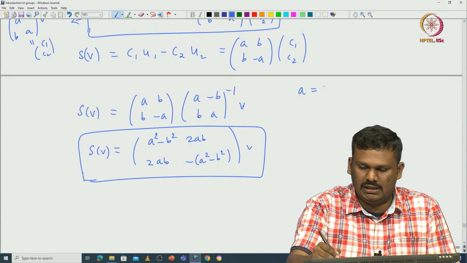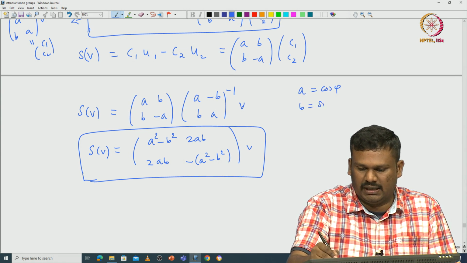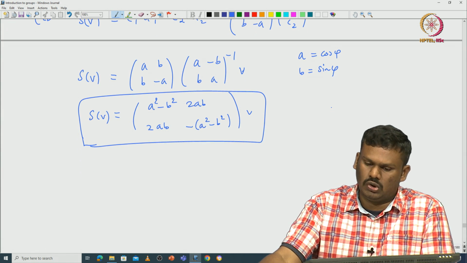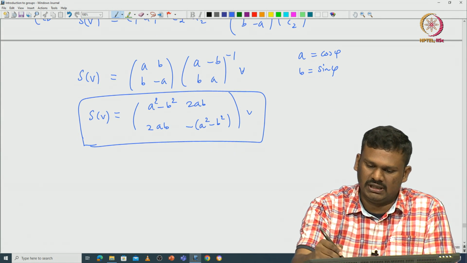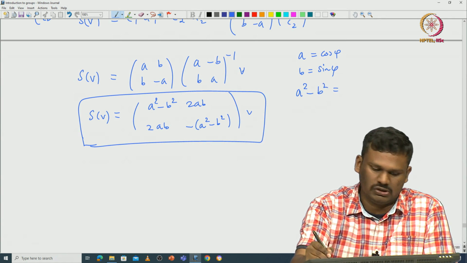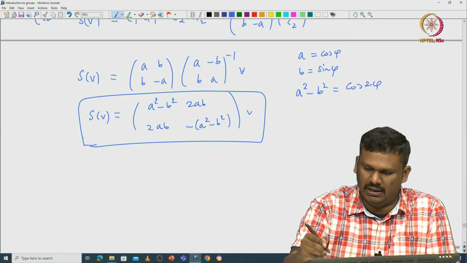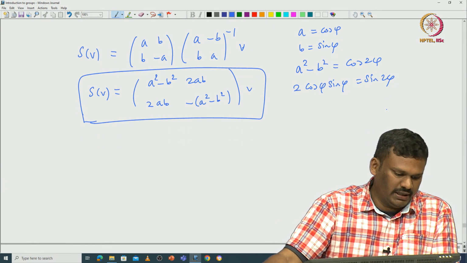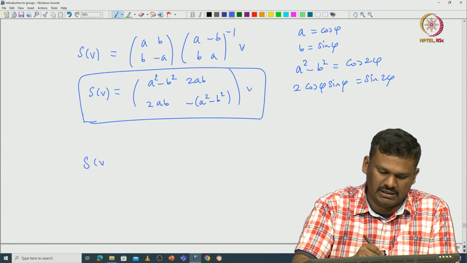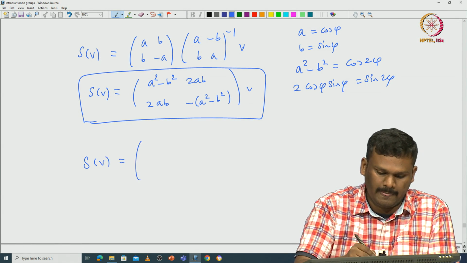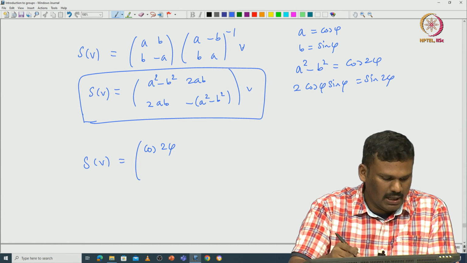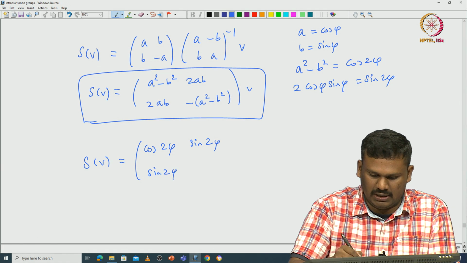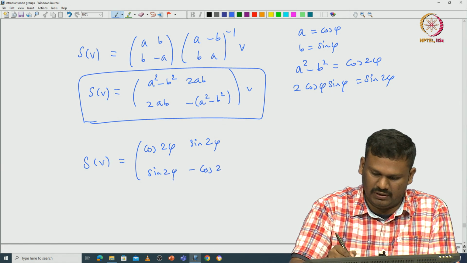But what is A? A is cosine phi and B is sin phi. Now, use the cosine and sine formulas. Then you can easily see that A square minus B square is going to be cosine 2 phi, and 2 cosine phi sin phi is going to be sin 2 phi, and so on. So, if you replace that, you can easily see that S of V is exactly equal to the matrix cosine 2 phi, sin 2 phi, sin 2 phi, minus cosine 2 phi.